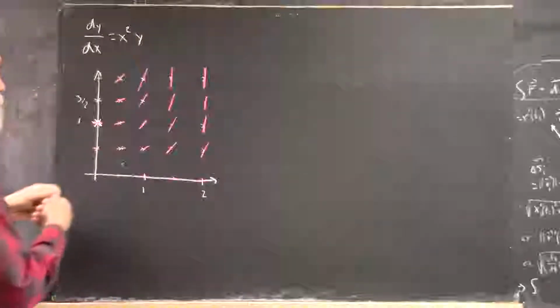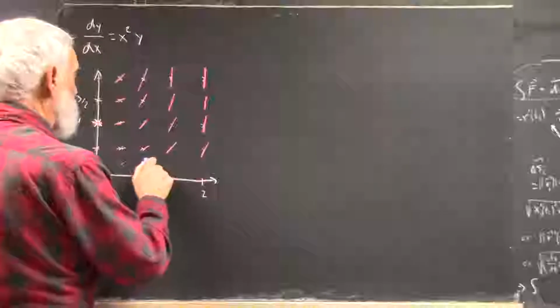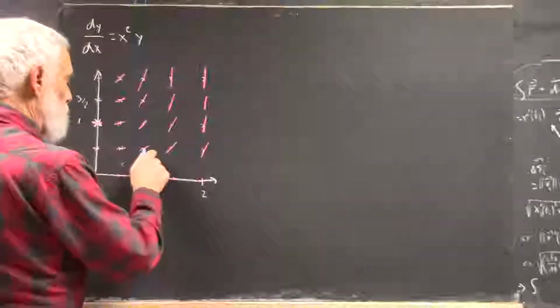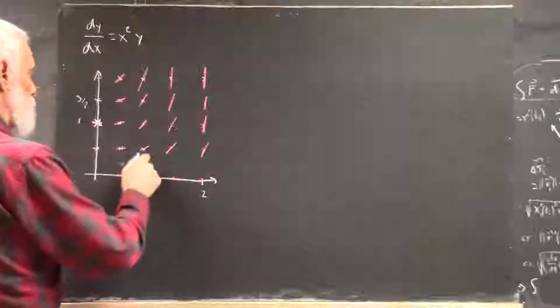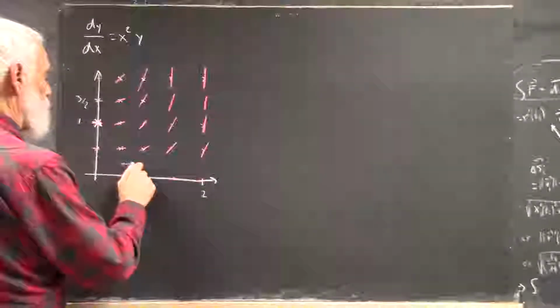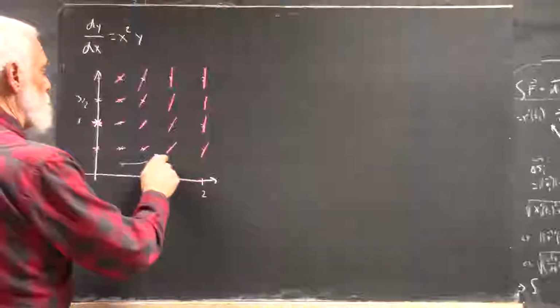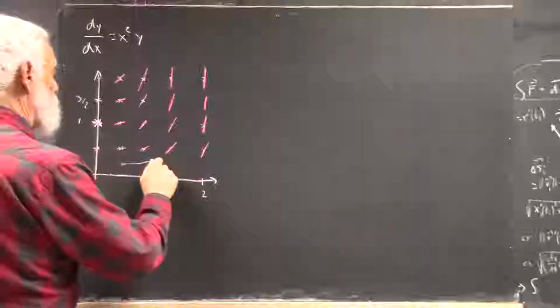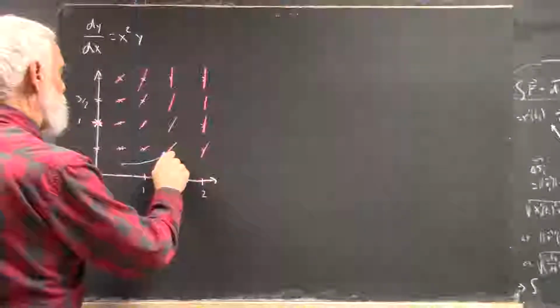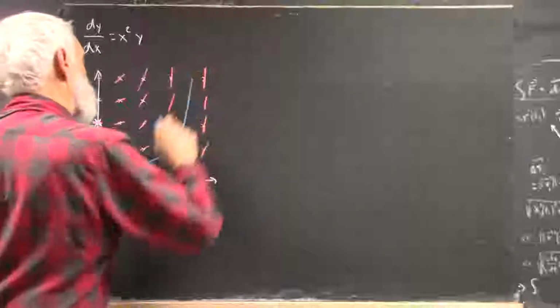So we're going to have a very small slope here, but by the time we get out here, the slope is probably going up a little bit. The slope will be kind of approaching this, really about half of what this is. So it's probably going to come out something like this. And a little bit of slope here. As we move out here, we're going to keep increasing, and it might well be that we go through or near this point, and then things are going to get real steep, right?